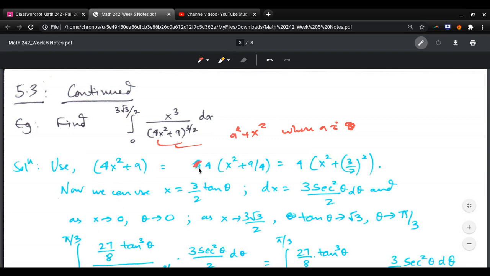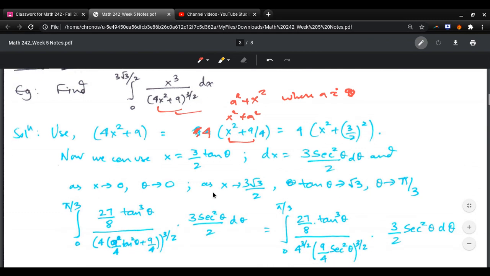So what I'm going to do is divide everything by 4, or equally well, factor out 4 to make it x squared plus a squared. So it becomes x squared plus 3 over 2 squared. You let x equals 3 over 2 tangent theta, and so on and so forth.